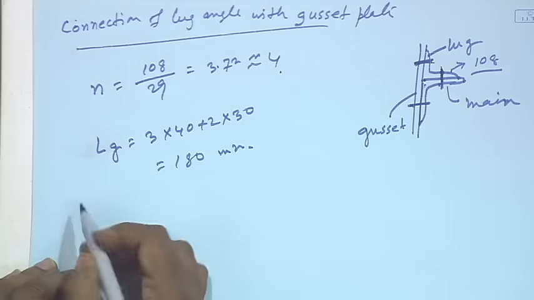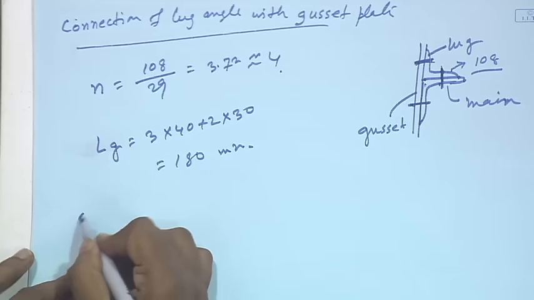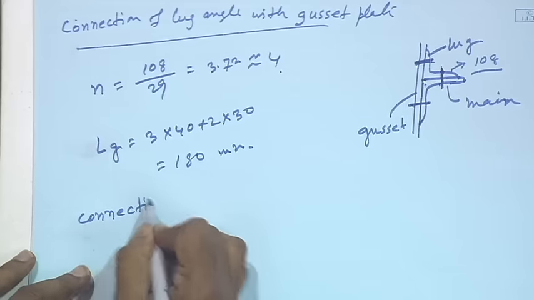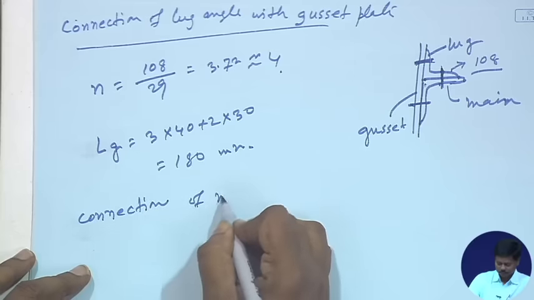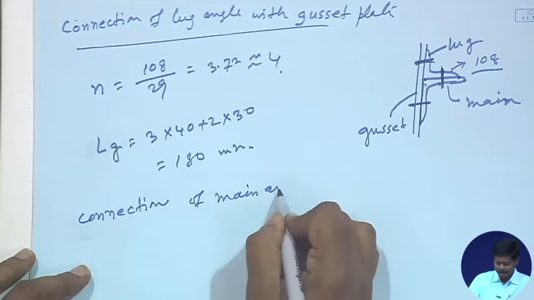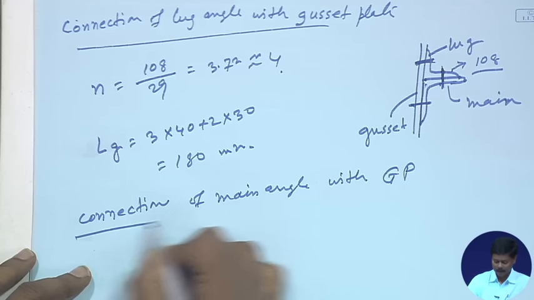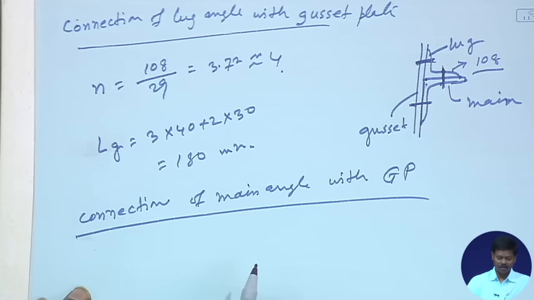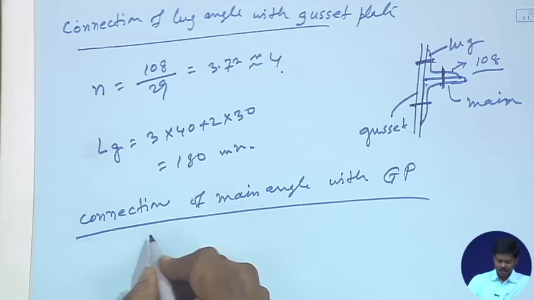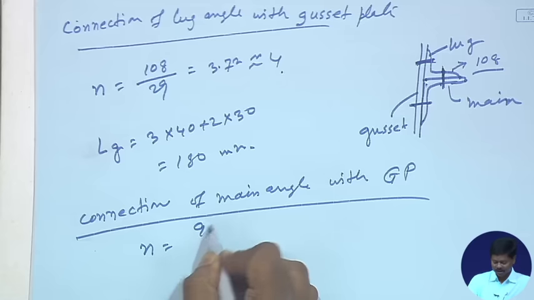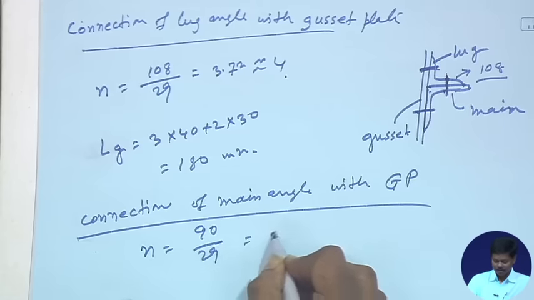Second, we can see the connection of the main angle with the gusset plate, GP for gusset plate. The load on the connected leg is 90 kilonewton. So, the number of bolts required for this will be 90 divided by 29 equal to 3.1.